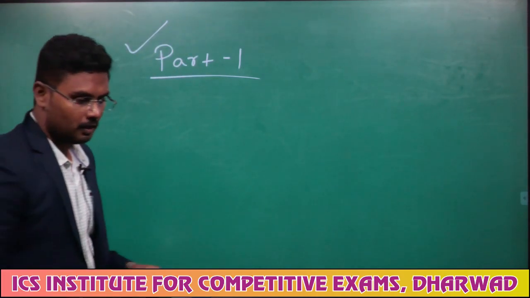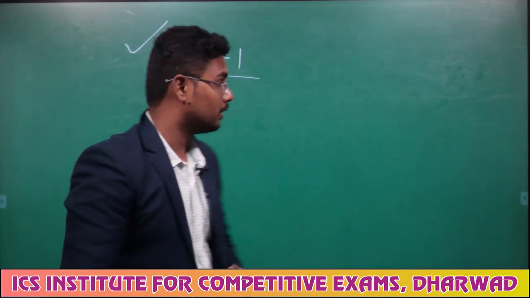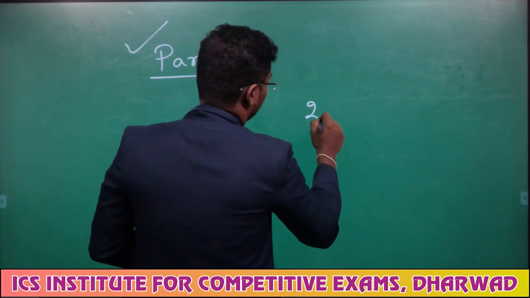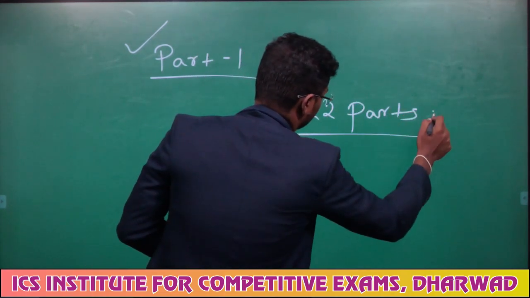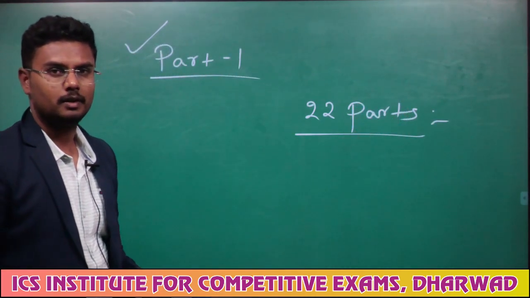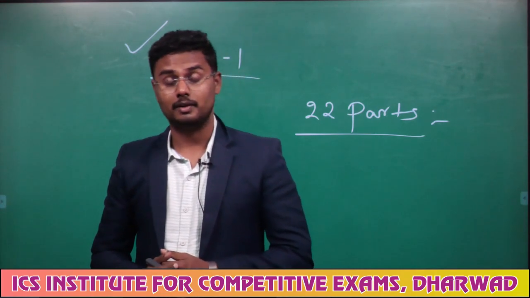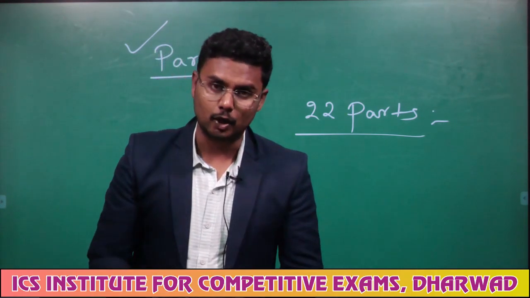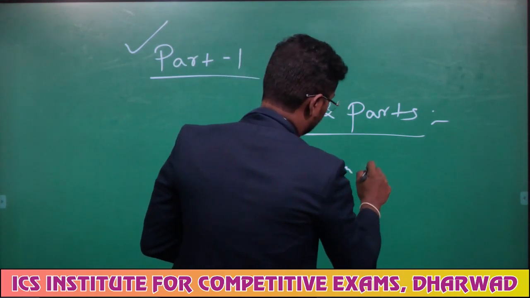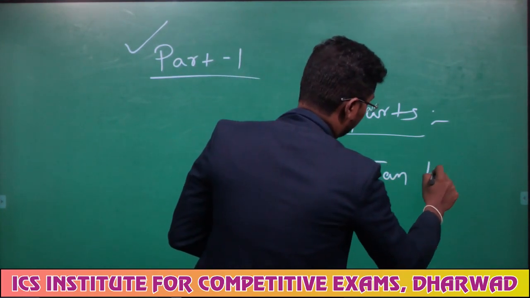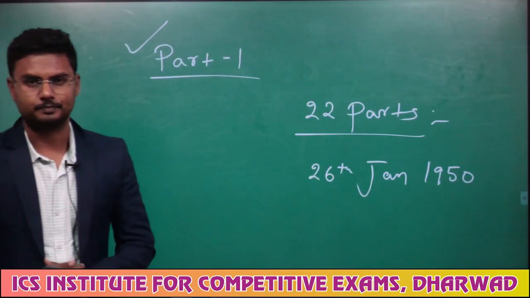See, when the Indian Constitution or Constitution of India was incorporated or adopted, we had 22 parts in total. Right? This is just for your reference. On 26th of November 1949, when the Indian Constitution was adopted and when it came into force on 26th Jan 1950, we had 22 parts in total.